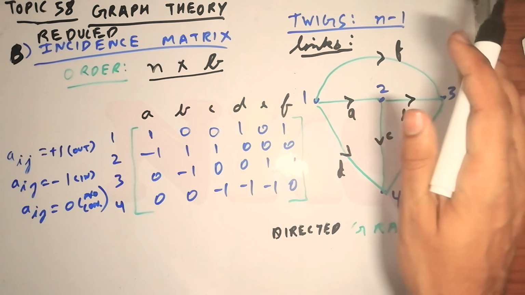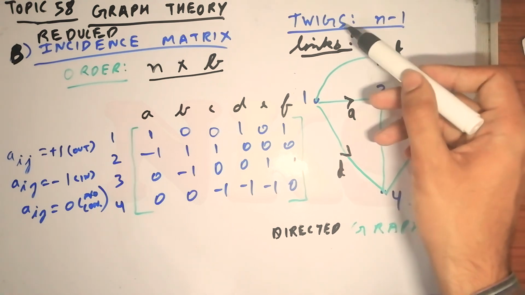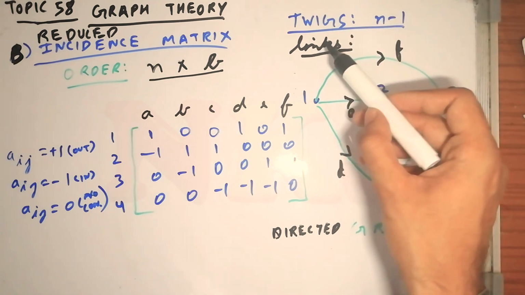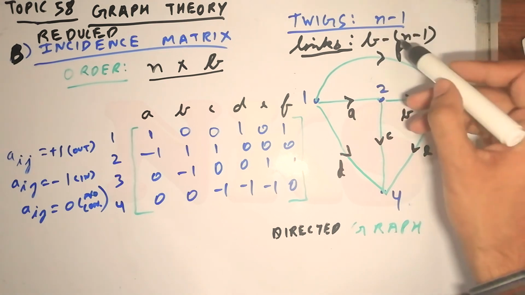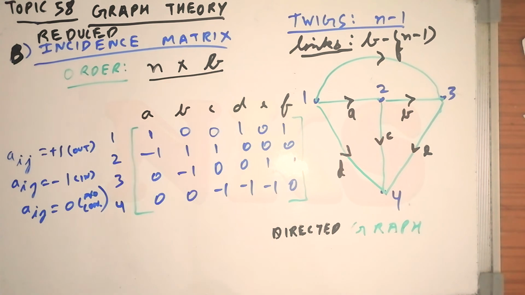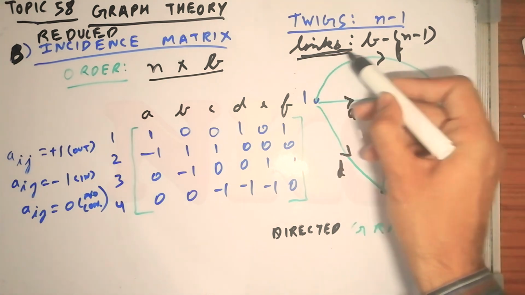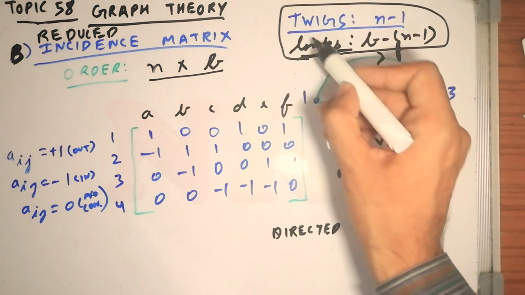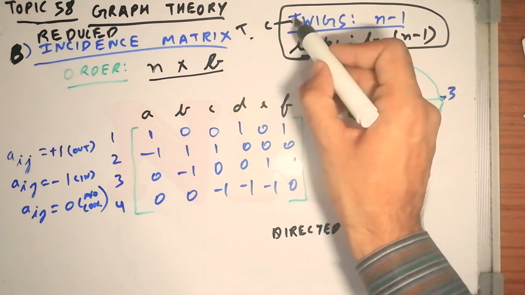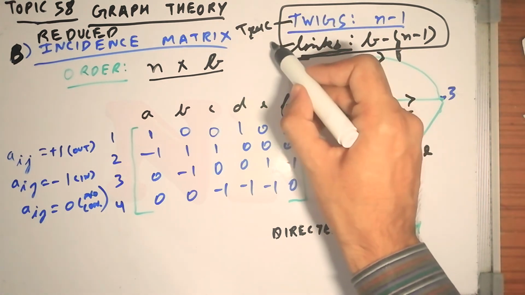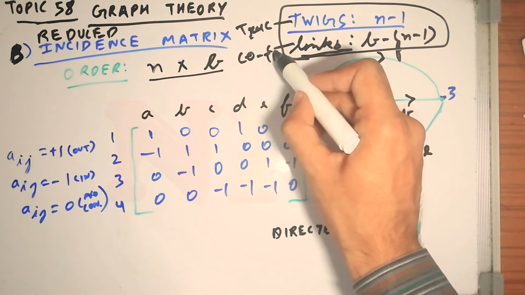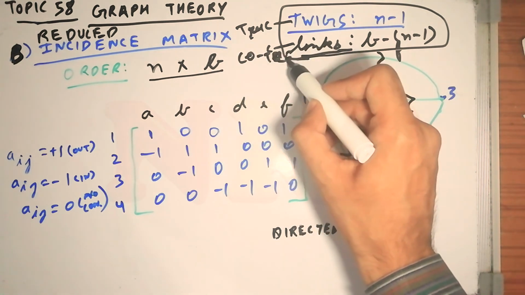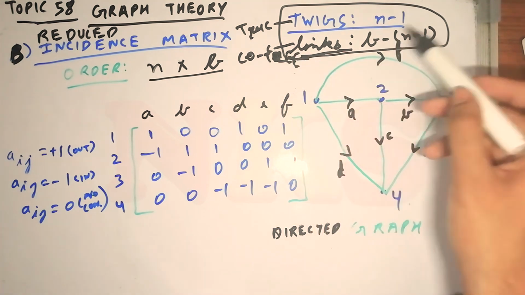So my statement is the number of twigs in a tree is n-1 and the number of links in a tree is b minus (n-1). Please always remember this. Twigs are in the tree, T. Links or chords are in the co-tree, C. So you can remember them. Okay, the numbers are this.